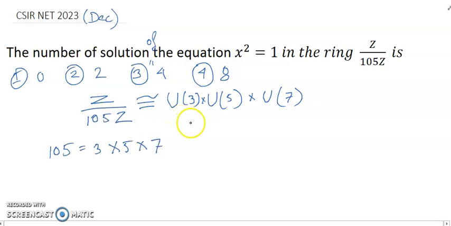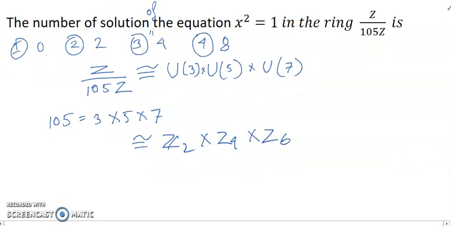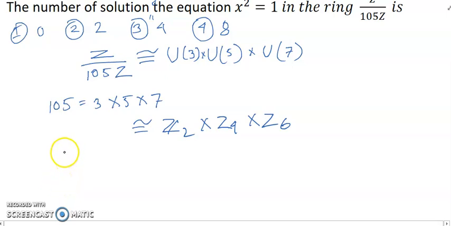So this way it is isomorphic to Z2 cross Z4 cross Z6. Note, this is the note that we remember.